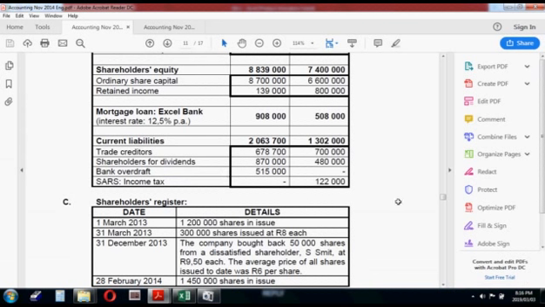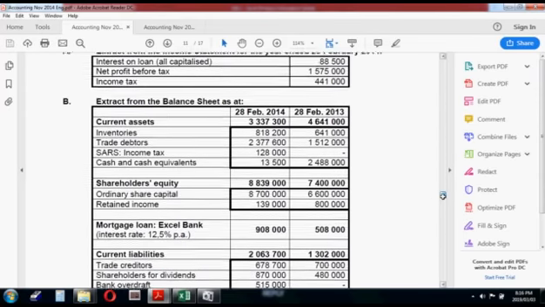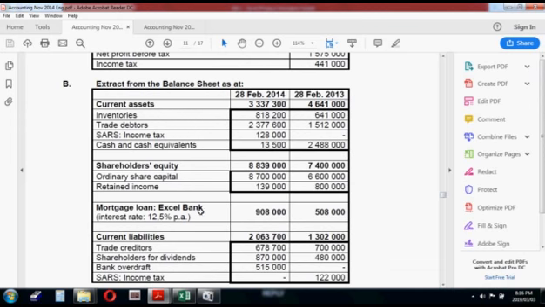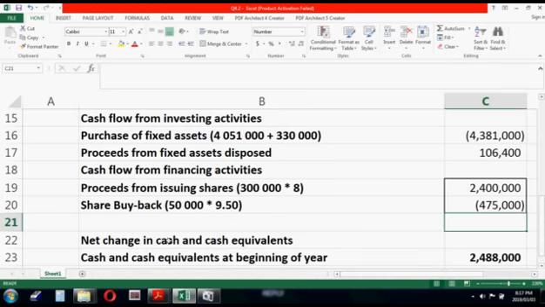Finally, in terms of financing activities, we need to be on the lookout for loans, and we do have a loan that is shown in the extract from the balance sheet, namely the mortgage loan with XL Bank. 28 Feb 2013 it was 508,000, and now 28 Feb 2014 it's 908,000. So our loan increased, so we obtained more money, which would result in a cash inflow of 400,000 Rand.